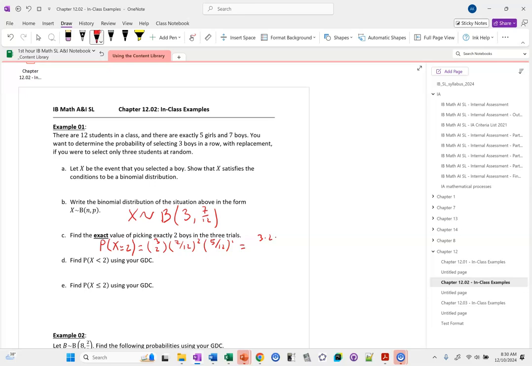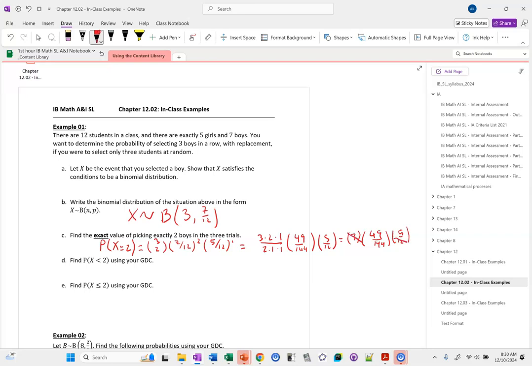So that's going to be 3 times 2 times 1 over 2 times 1 times 1, and then 49 over 144, and then 5 over 12. So that's really just 3 times 49 over 144 times 5 over 12.